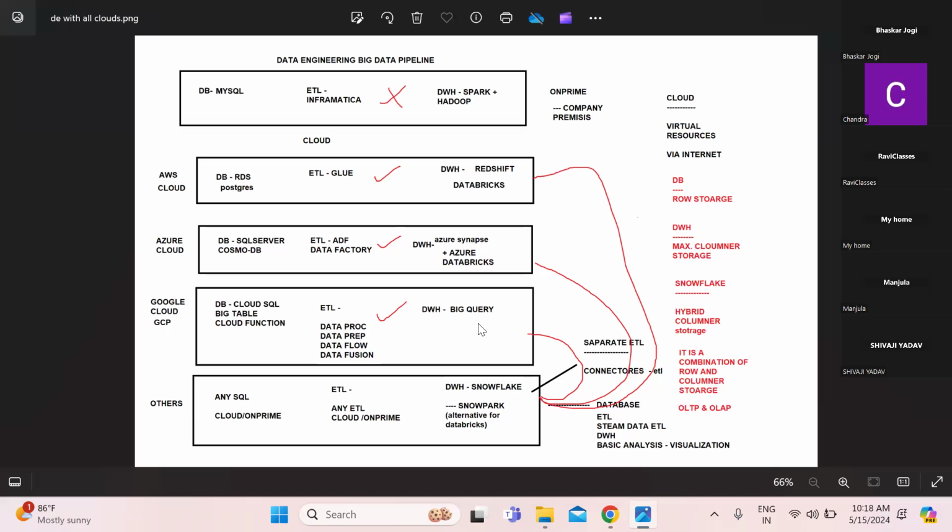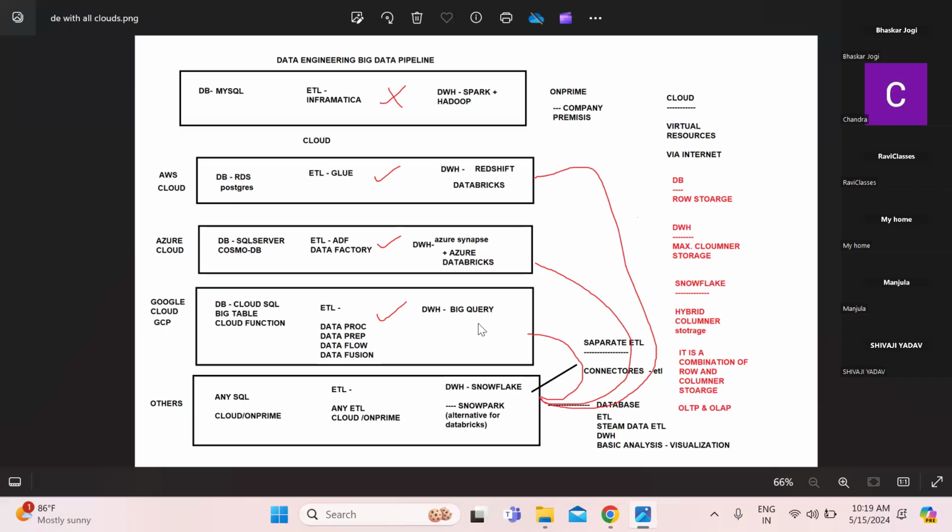Is Snowflake a database or an ETL tool, sir? Actually, people don't know about Snowflake very well. But Snowflake is one of the best software which supports the complete data engineering flow. It will act as OLTP, it will work as ETL, and it will work as OLAP also. That means database, ETL, and data warehouse.